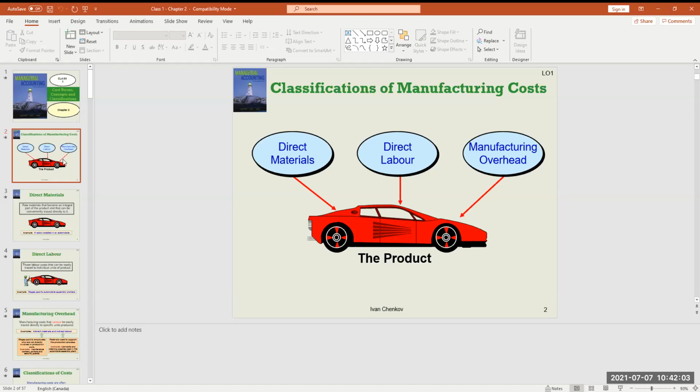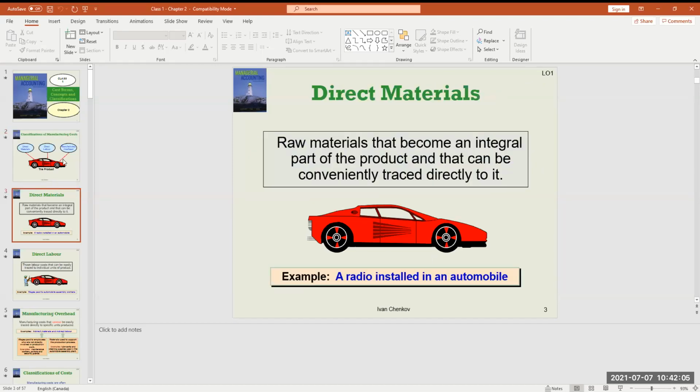So what's the direct material? Direct material is any raw materials or any materials which have to be used as an integral part of the product. So that material becomes an integral part of our product, the product that we're going to produce and sell to our customers. Why is it direct?